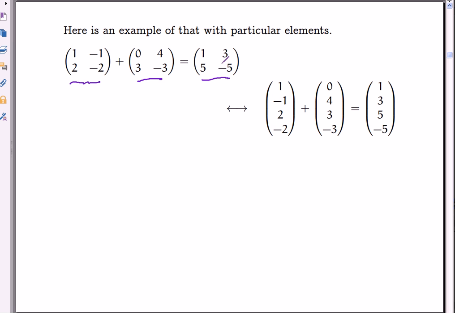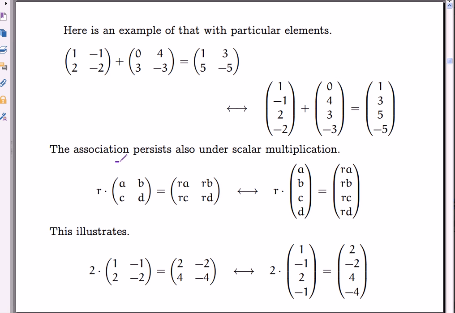And I can translate this mathematical sentence into a mathematical sentence in R4. This matrix is associated with this vector in R4. This other matrix is associated with this vector in R4. If I add these two vectors, I get this vector, and this vector turns out to be exactly the vector that is associated with this result in M2. Okay.